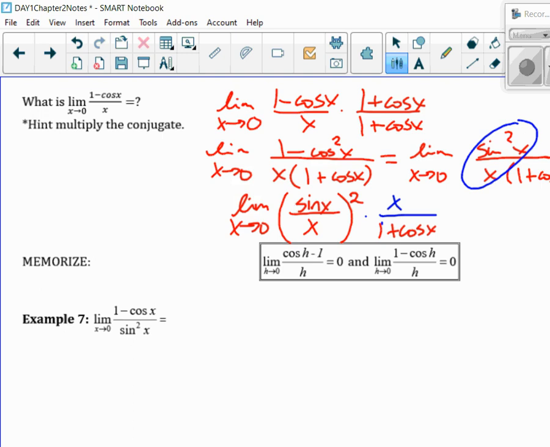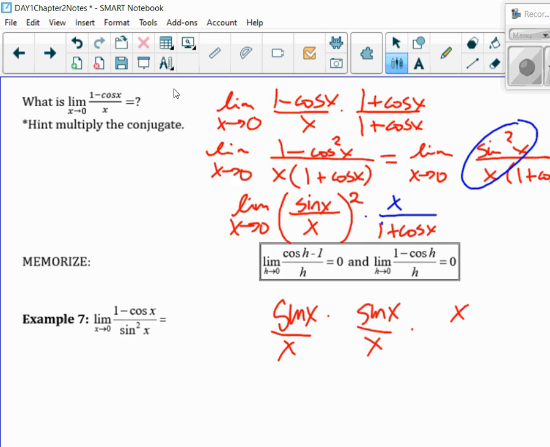Okay, so this is the extra x from this extra x here. I put another x down here, but I just didn't write it because it's got the square here. You could also notice it as sine x times sine x, and I only have one single x. So in order to put an x here, I have to put an x there. Okay, I'll repeat what I just did.